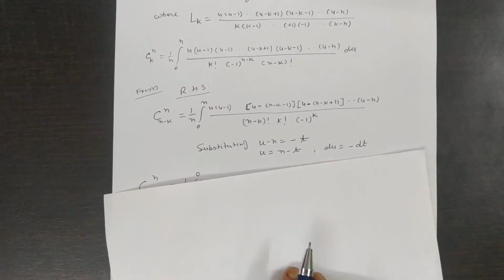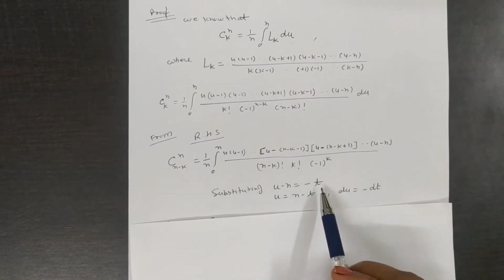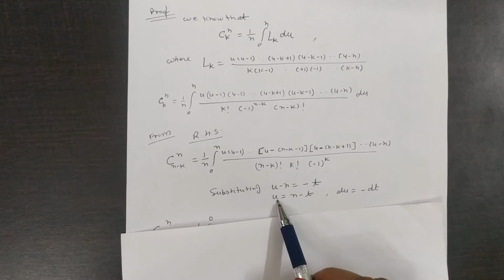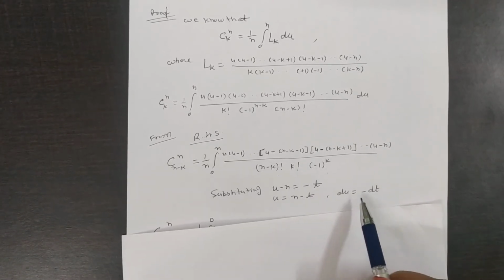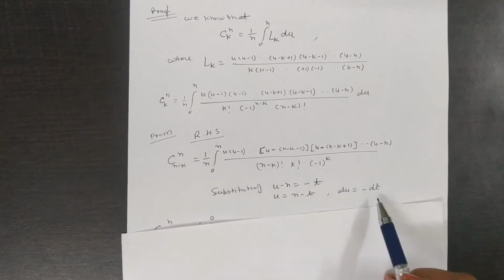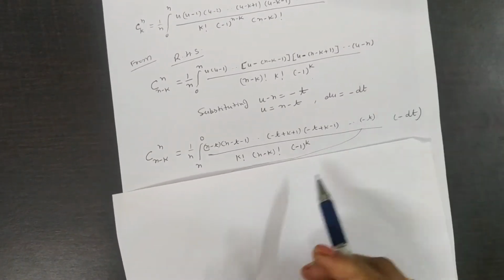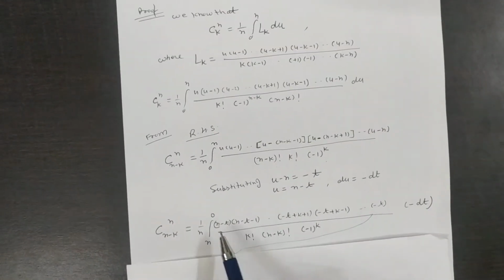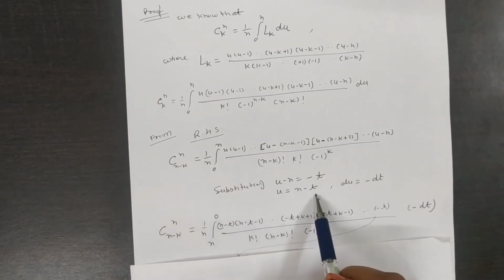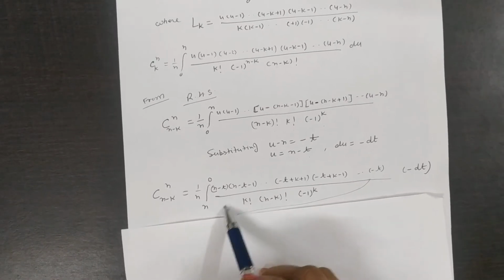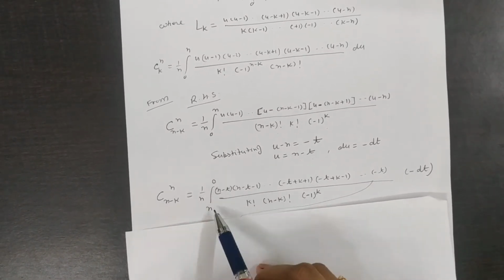Okay, now the next one. Substituting u minus n equal to minus t, so u is equal to n minus t, and du is minus dt. Now substituting here, 1 by n, in place of u substitute n minus t, and the integral limits go from n to 0.